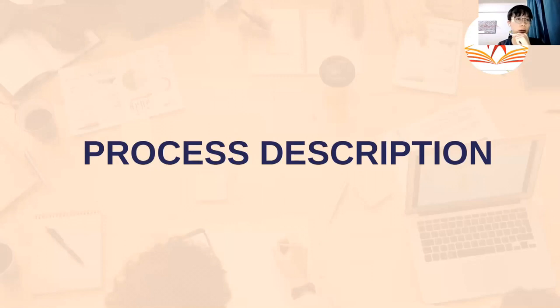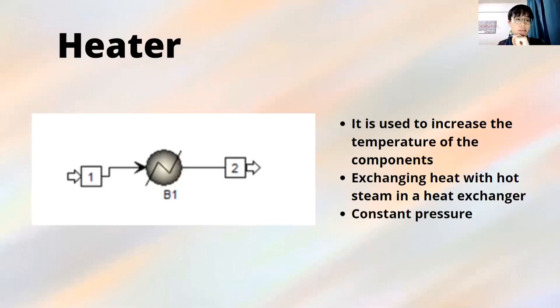Okay, now I will talk about the process description. The first one is the heater. The purpose of the heater is to increase the temperature of a component before it enters the next unit. It is assumed that there will be no pressure change during the heating process.